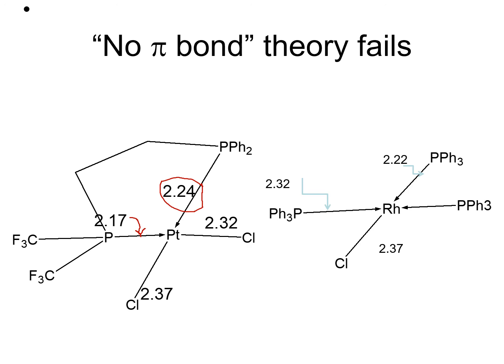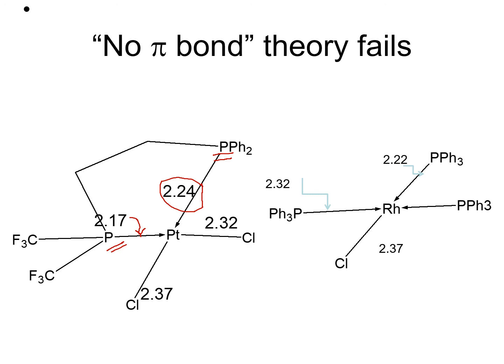Okay, so this is not consistent with the fact that sigma donor effects are the most important effects and the only effects operating in this complex. You would have expected the good sigma donor, which is PPh2, to have a shorter bond distance, and the poor sigma donor, which is the PCF3 substituted ligand, to have a longer bond distance.